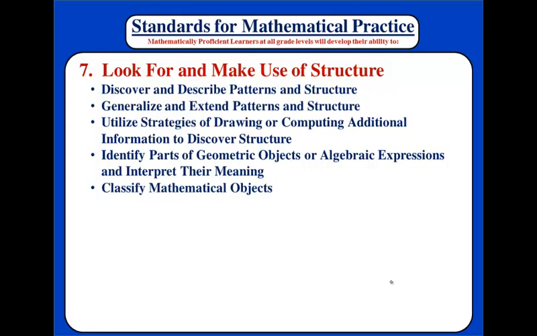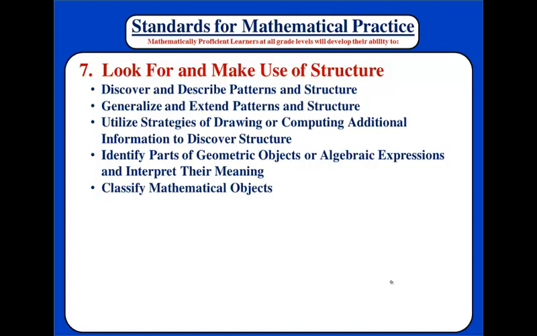for example? And we want to be able to classify mathematical objects. Like this might be some geometric figures, or it might be other types of objects, but we want to classify them according to similar characteristics, and maybe describe the general characteristics for that whole class of objects, which then applies to every example within that, or every subclass.